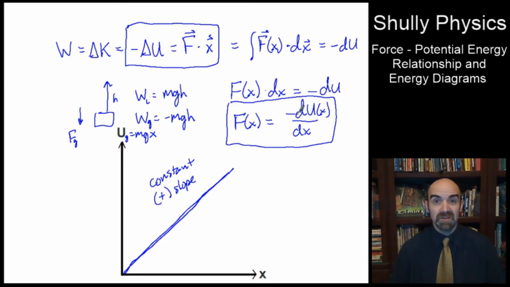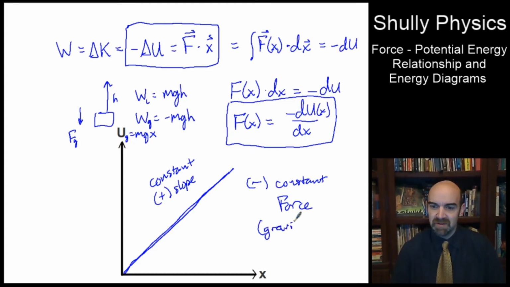Well, the force is the negative of that slope. That means we're going to get a negative and constant force out of that. Isn't that what gravity is? Weight is a negative constant force here at the surface of the planet.